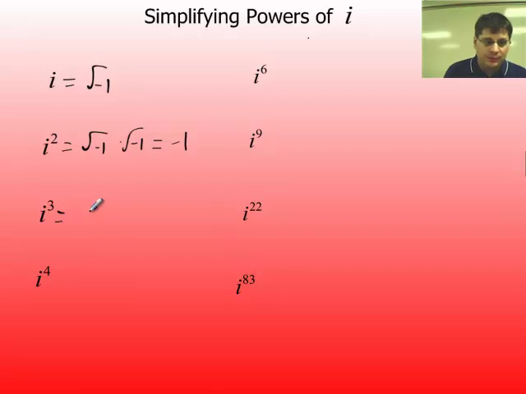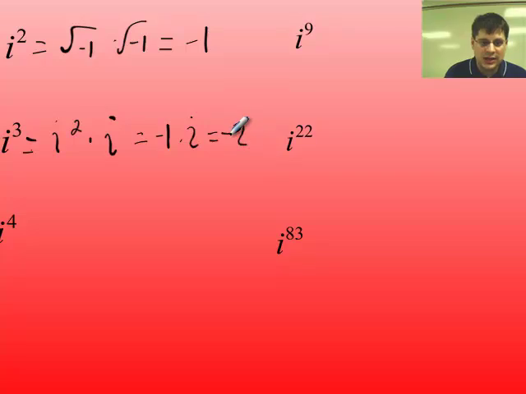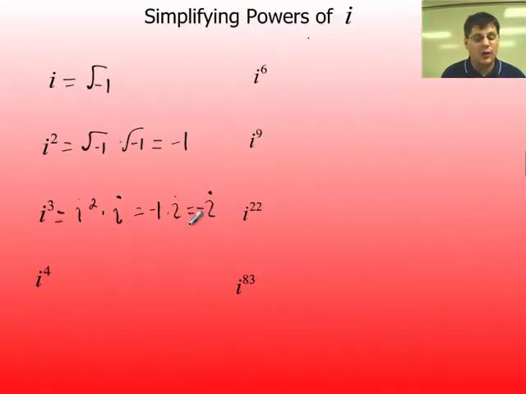i cubed can be rewritten as i squared times i. If i squared is negative 1, then negative 1 times i is going to give us negative i. So i cubed is equal to negative i.